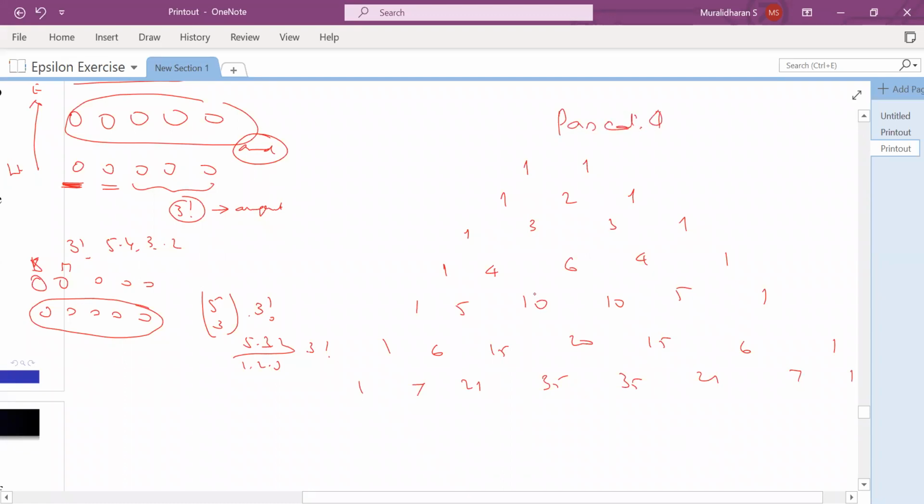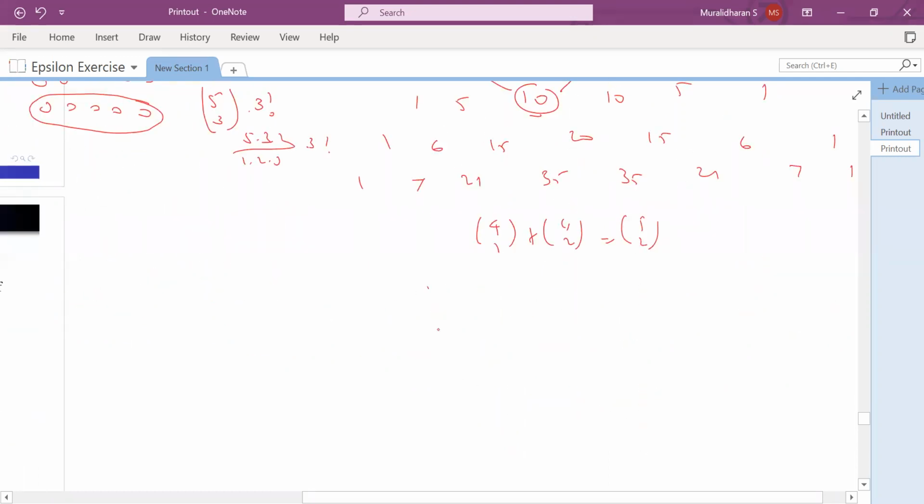So here we saw that this one is the sum of these two, correct? This is actually 4C1 plus 4C2 is equal to 5C2. So more generally, we have NCR plus NCR plus 1 is equal to N plus 1 CR plus 1.